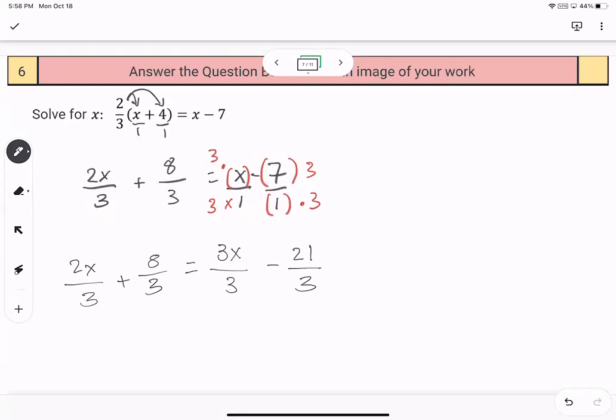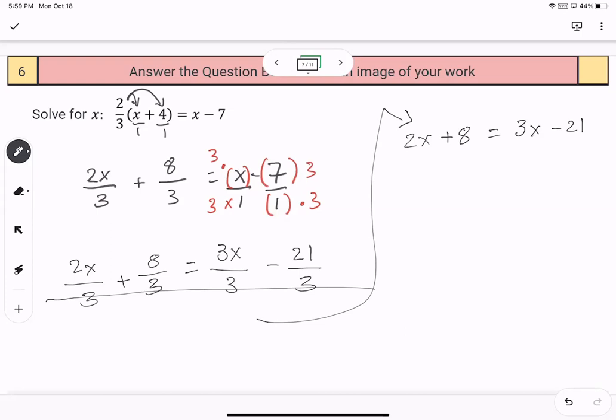Now, because they all have a denominator of 3, usually this means we can multiply by 3 on both sides, and it's going to cancel out all the denominators. But the easy way I told you guys to remember is if they all have a denominator of 3, we just cross out all the denominators. And now we're left with, I'm going to bring it to the top so we have more space, 2x plus 8 is equal to 3x minus 21.